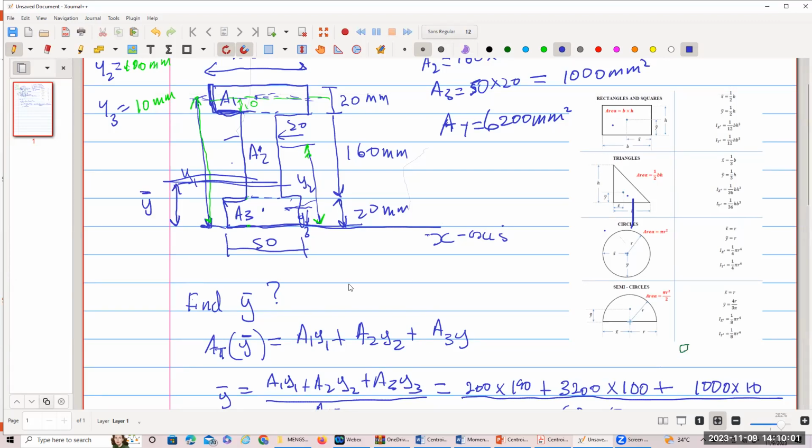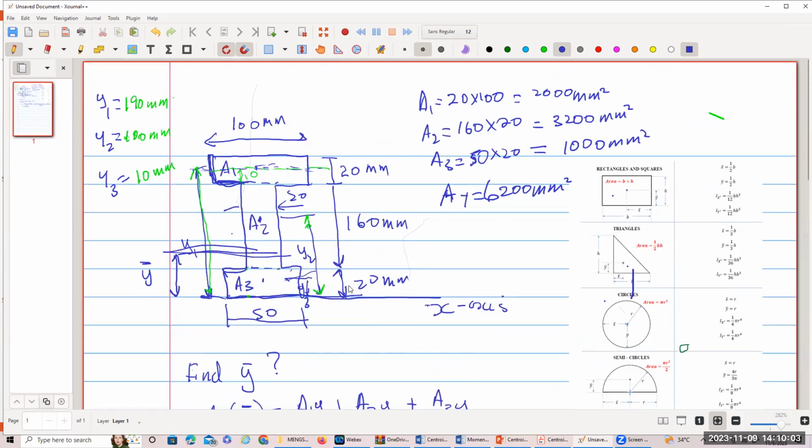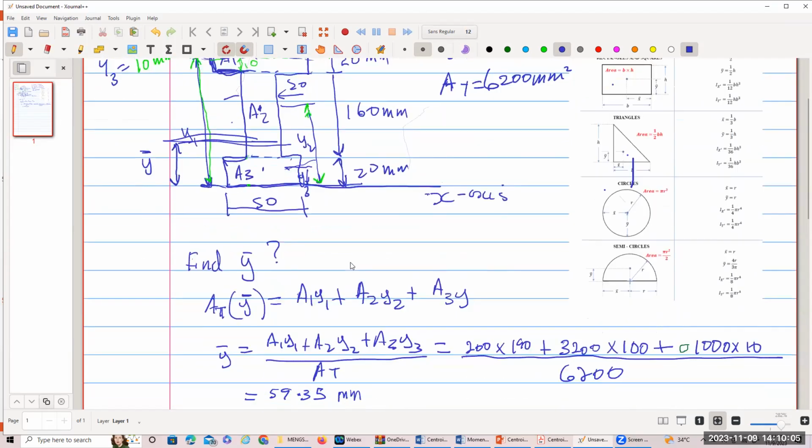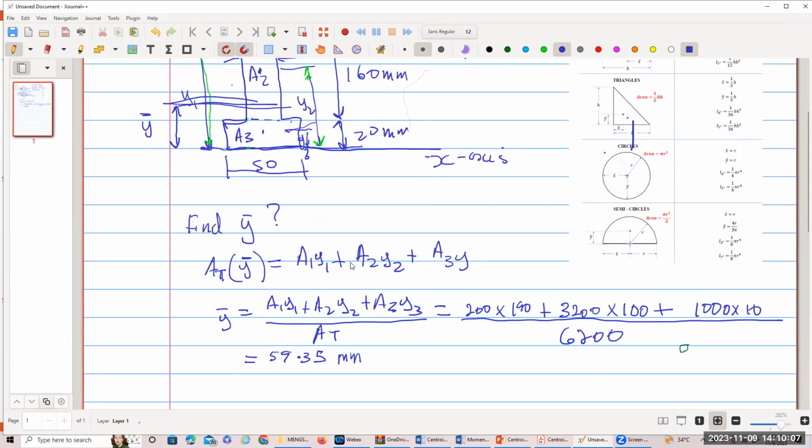From that, now I want you to try and find the inertia for this figure. I won't be working out this one. When you finish working it out, you can scan it and send it to me.